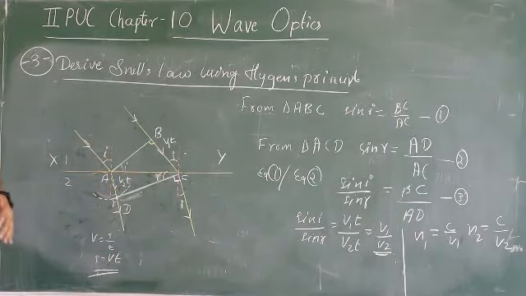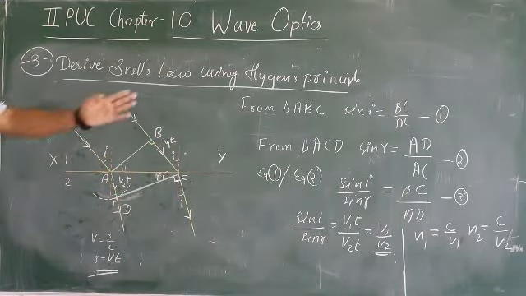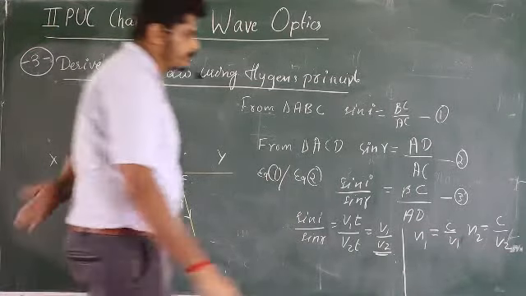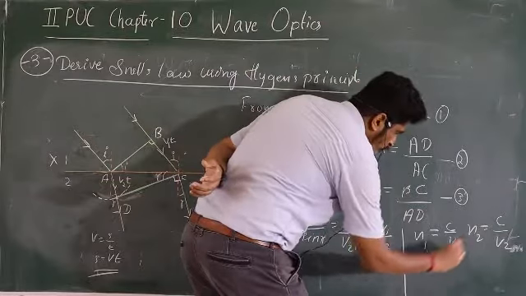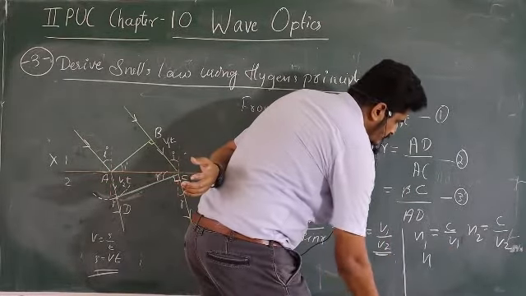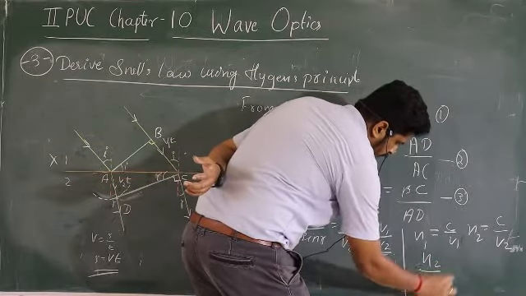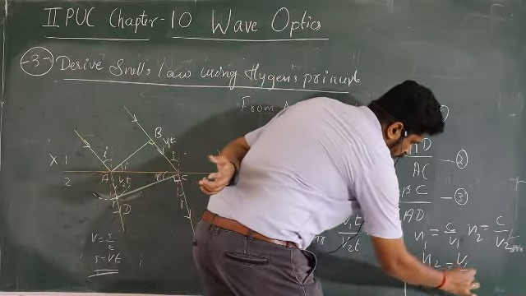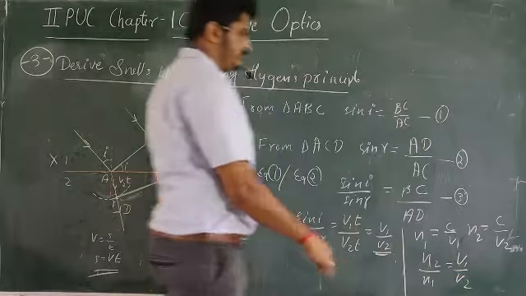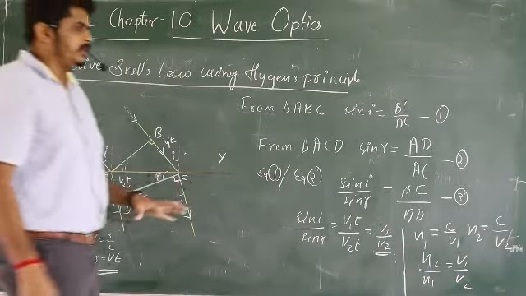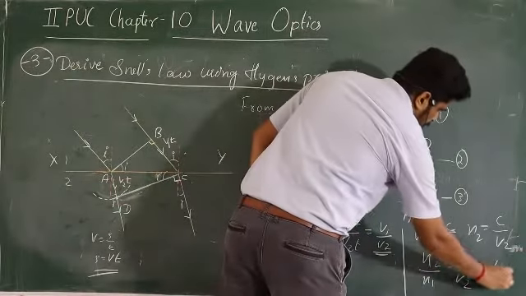So now I'll go for the ratio of that. N2 by N1 equal to V1 by V2 you will get. Am I right? Write neatly. So by looking at this equation number 4 we take.